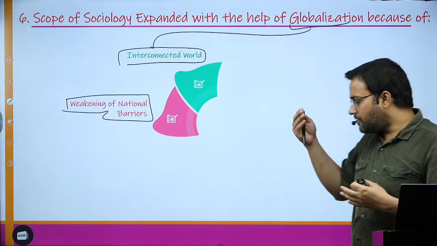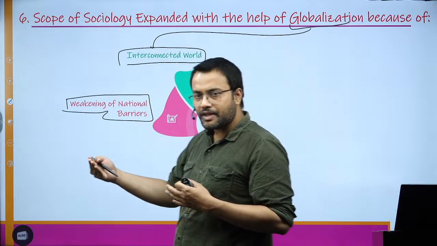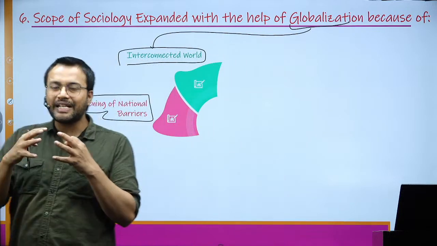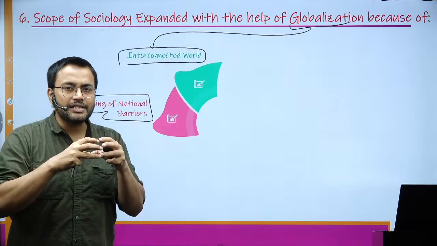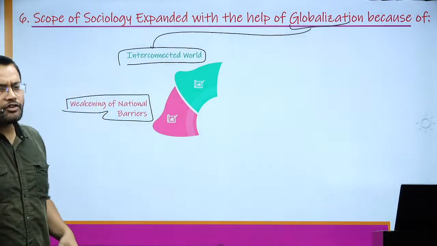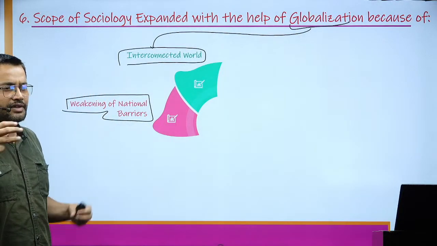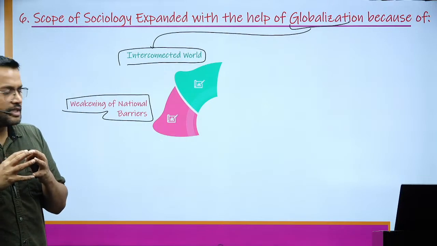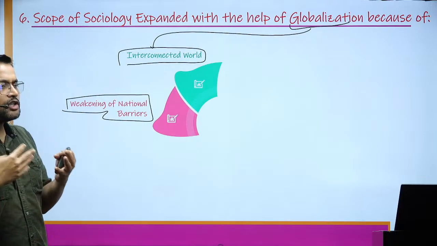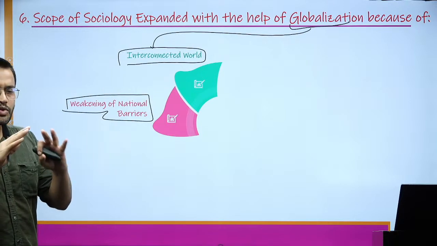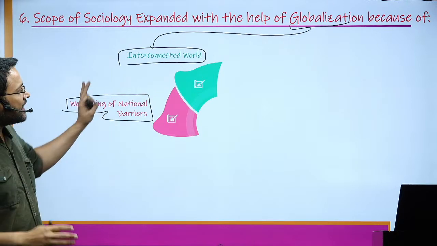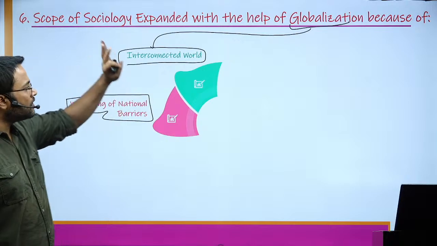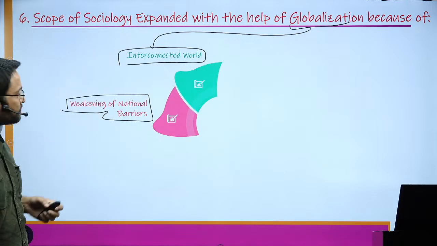So it might lead to conflict, and it might also lead to amalgamation of people from two different cultures, and as a result, a new set of people, maybe the next generation with a mixing of cultures, is popping up. So again, human to human interaction is completely changing, the demography of society is changing, and that comes under the domain of sociology, and all of this is because of globalization.